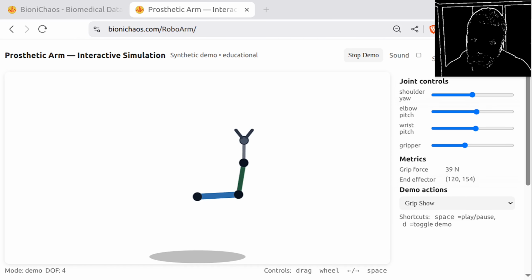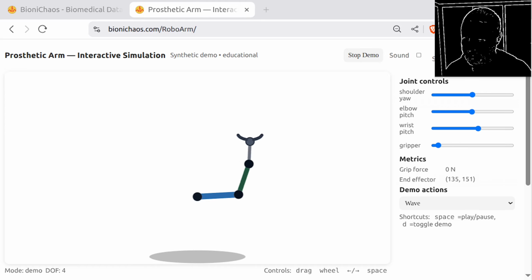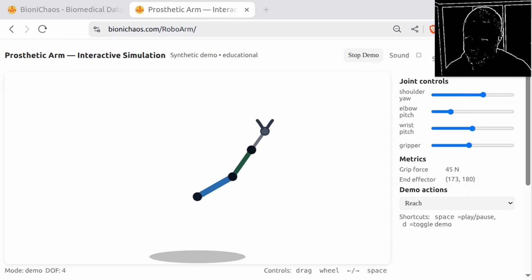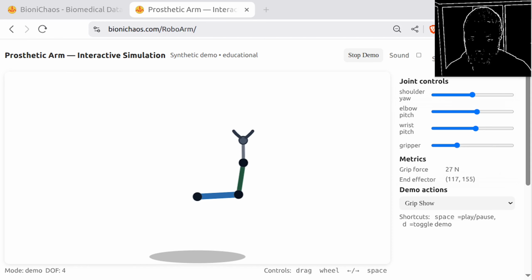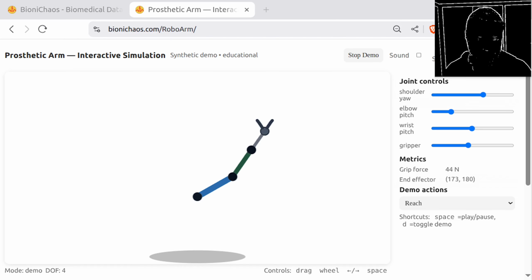We're using Claude Sonnet 3.5, Gemini 2.0 Flash, so the older stuff, GPT 4.1, 4.0, GPT 5 Mini, O3 Mini. Those currently are interns that are working essentially full-time for BioniChaos.